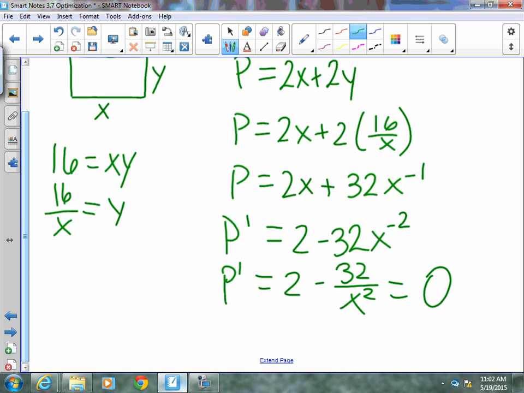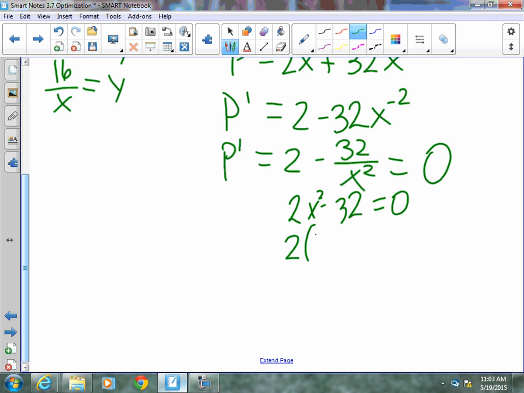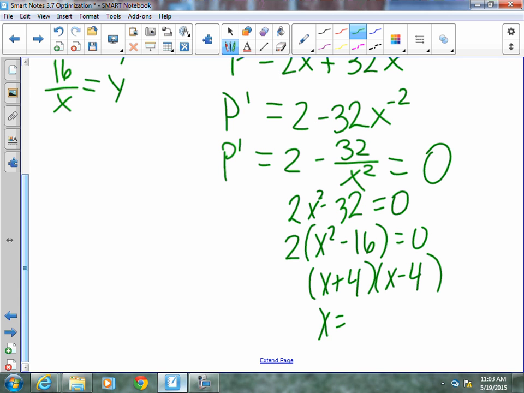We find out that this equals 0. I'm going to multiply through by x squared, so 2x squared minus 32 equals 0. Pull out a 2. We get x squared minus 16 equals 0, which is x plus 4 and x minus 4. So we get x equals 4 and x equals negative 4. We don't need the negative 4. You can't have a negative dimension on a rectangle, but we do need a 4.